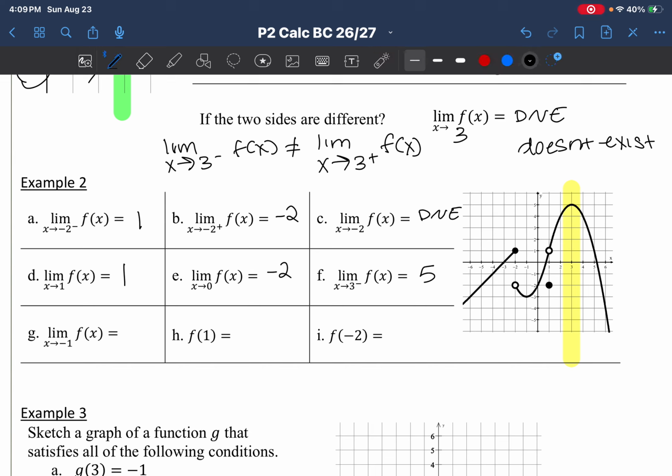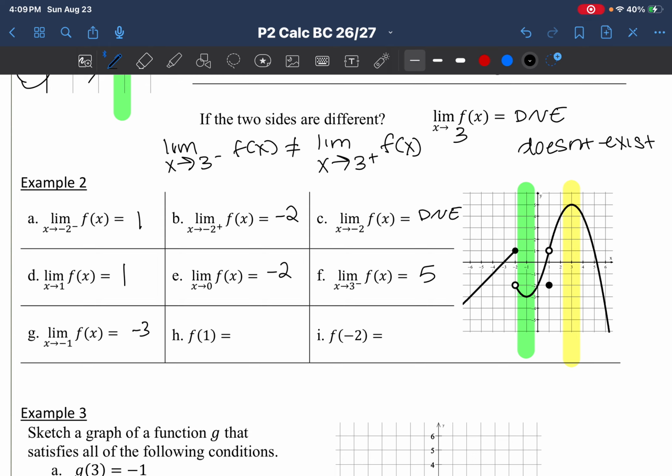Now the limit as x approaches -1. Again, notice that it is continuous in that area. So no matter from the left and the right, it's all going to approach -3.